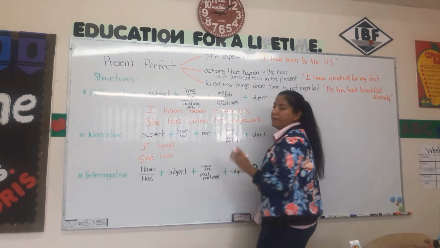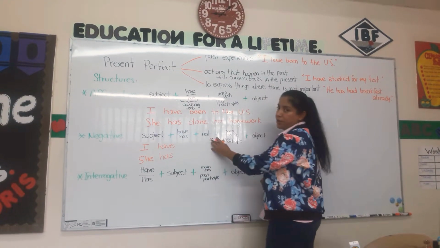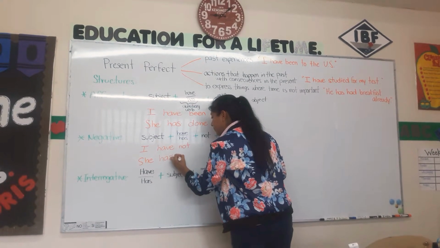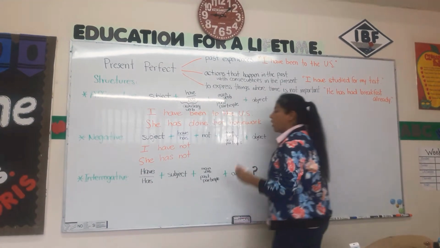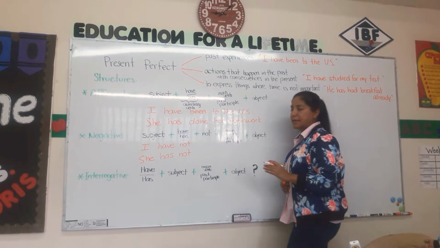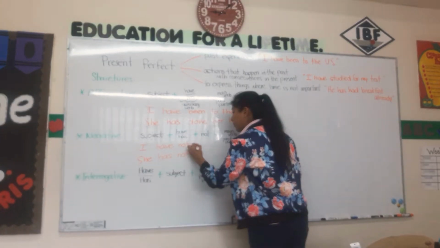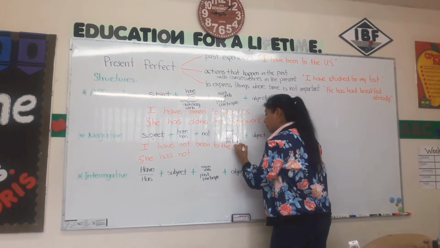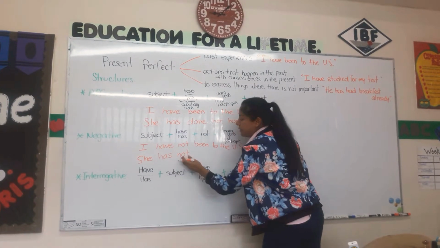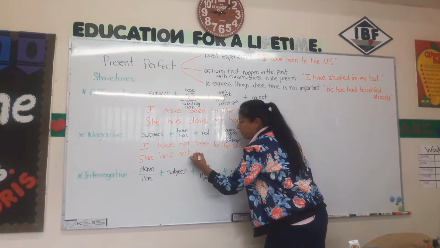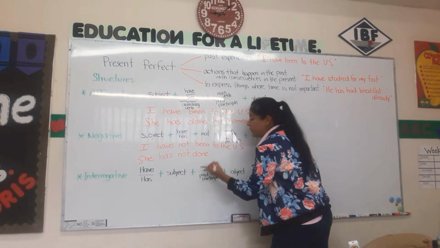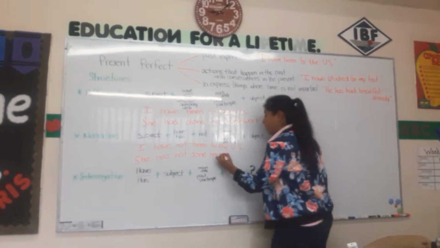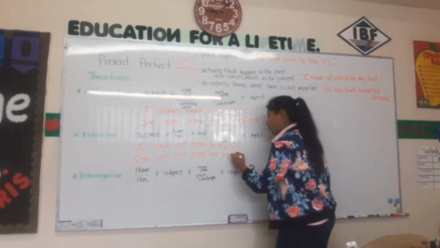And then we need the negative word, not, right after the auxiliary verb. And then our main verb still in past participle. She has not, the past participle of the verb do, and the object. She has not done her homework.